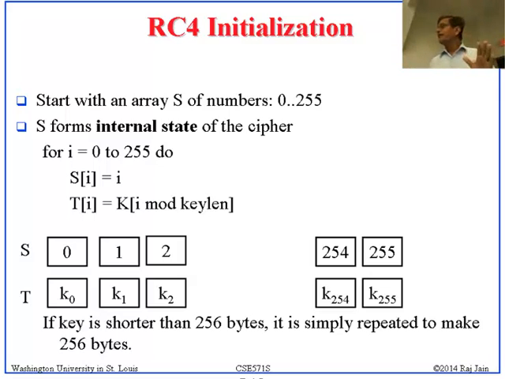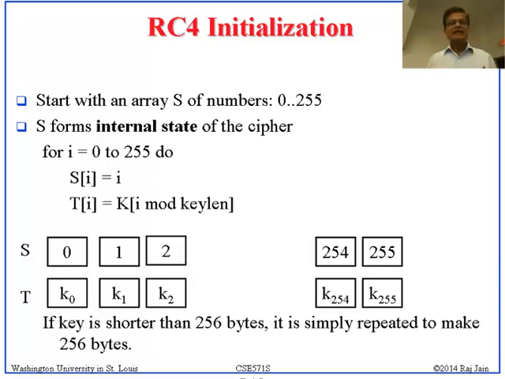Everybody understands how these two sets of registers are initialized? The first set is simply a sequence number from 0 to 255. The second set is your key repeated as many times as needed to make 256 bytes. Clear? Nobody's nodding, so it's not really clear.